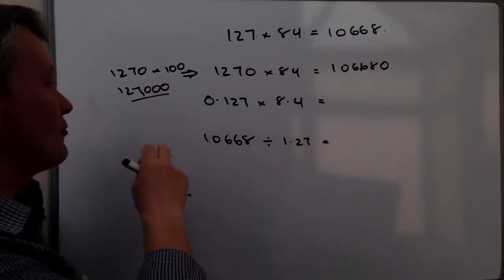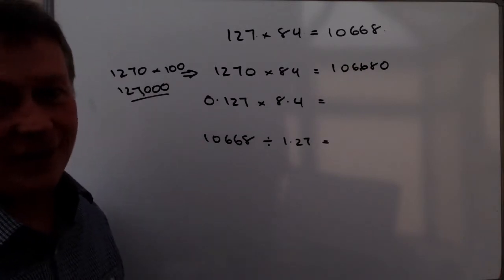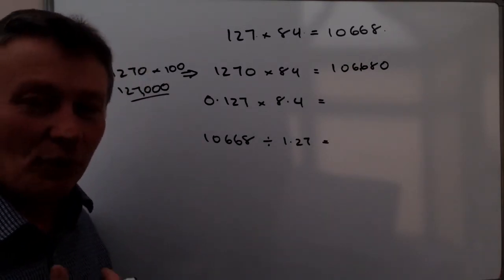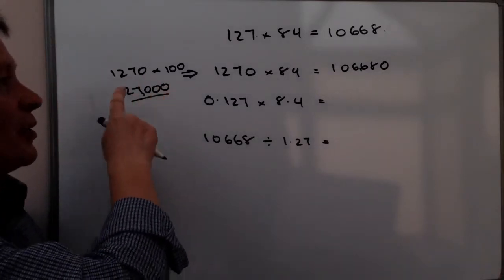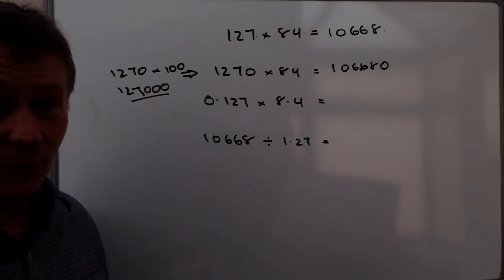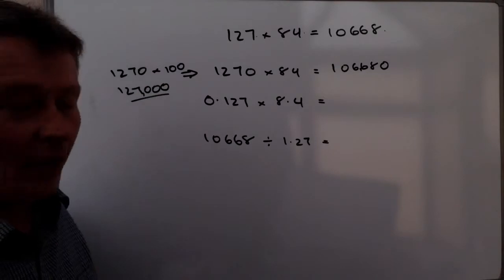It's going to be about 100, 120,000, something like that. And the answer here is 106,680. So it's not a very accurate estimate, but nevertheless it gives me an indication of how many decimal places the number would have.